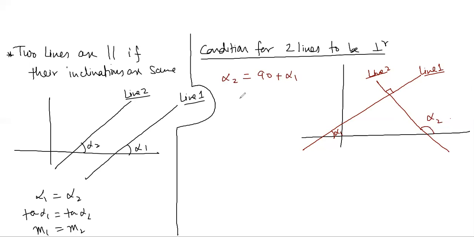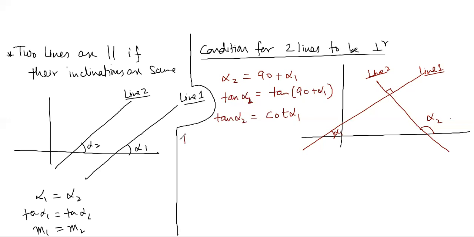Alpha 2 will be equal to 90 plus alpha 1. So tan of alpha 2 will be tan of 90 plus alpha 1. This is cot of alpha 1, and cot of alpha 1 can be written as 1 upon tan of alpha 1.